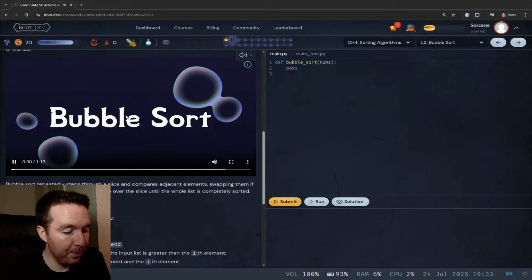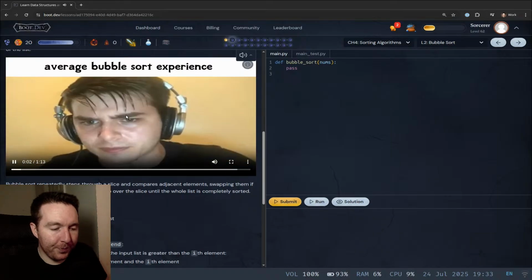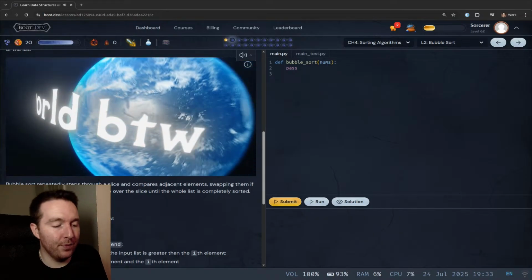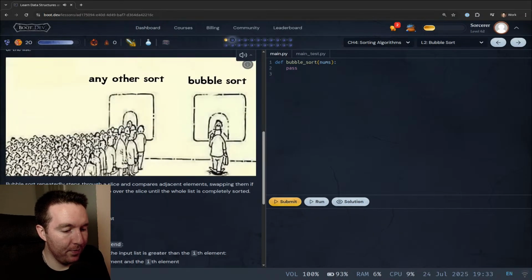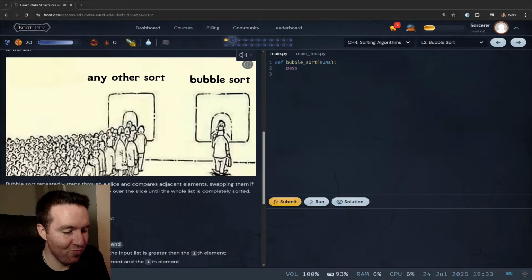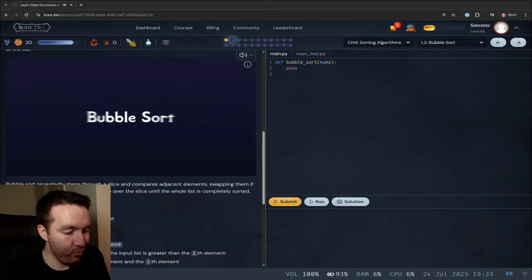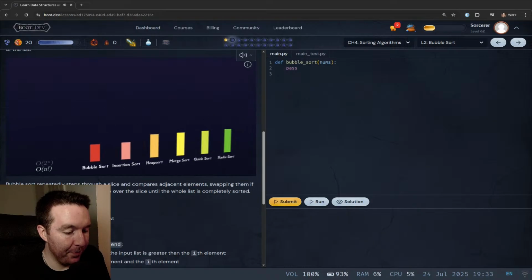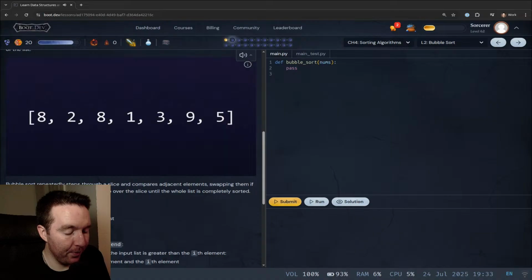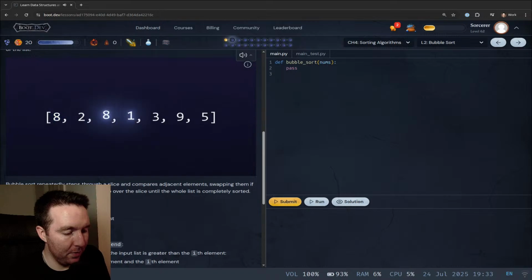It's only a minute. Bubble sort is the sorting algorithm that everyone learns, but no one actually uses in the real world because it's so slow. We learn it because it's easy to understand, and once we appreciate how slow it is, the other sorting algorithms are just that much more impressive. It all starts with an unsorted list of numbers. Then we loop from left to right and compare each pair of neighboring numbers. If the number on the right is smaller than the number on the left, we just swap them.